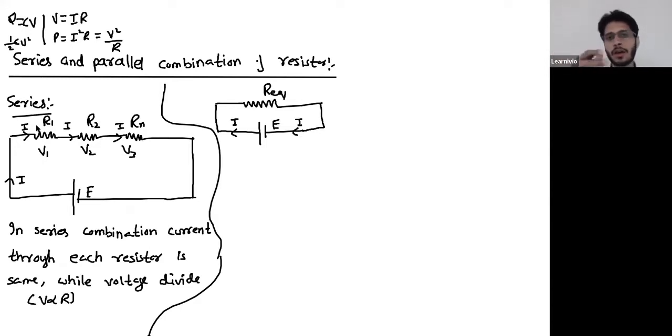Here too, current through each resistor is the same. In capacitors, voltage divides. Here too, voltage divides. But yes, in capacitors, voltage was inversely proportional to capacitance because the equation was Q is equal to CV. Here it is directly proportional to resistance because the governing equation is V equal to IR. But it's quite similar in the division of current and voltage. So let's replace this with R equivalent.